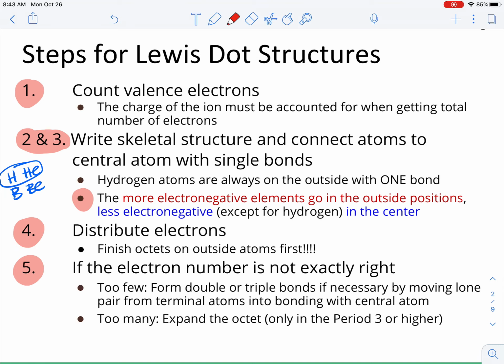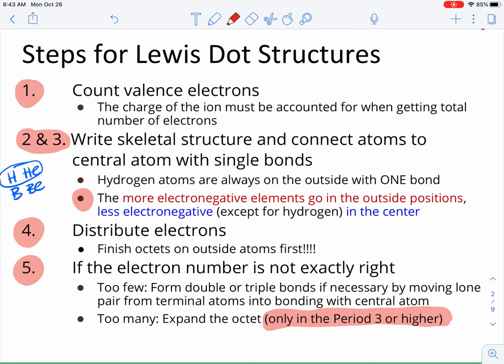If we have too many valence electrons on an atom, we can expand the octet. Basically, if you have more electrons left over, we're going to tack on more lone pairs onto that central atom. This only works if we have an element in the 3rd, 4th, 5th, 6th, or 7th period. The reason why is, remember, in that 3rd period, that's where we add on those 3d orbitals.